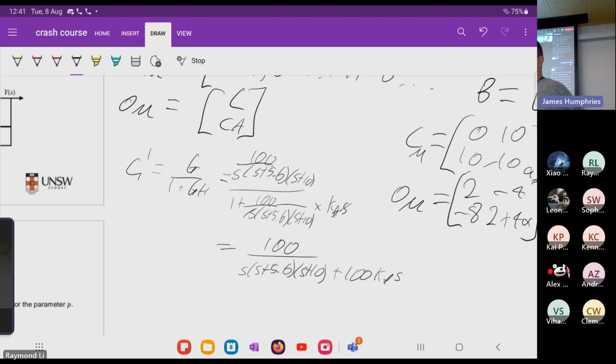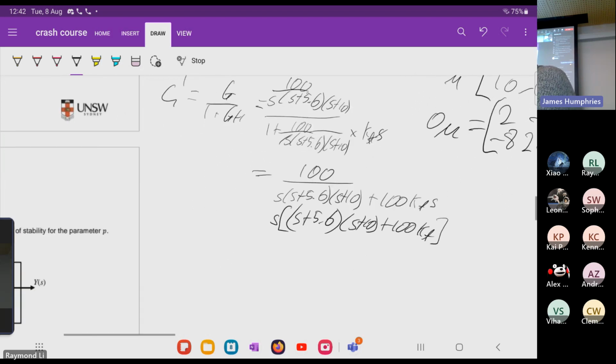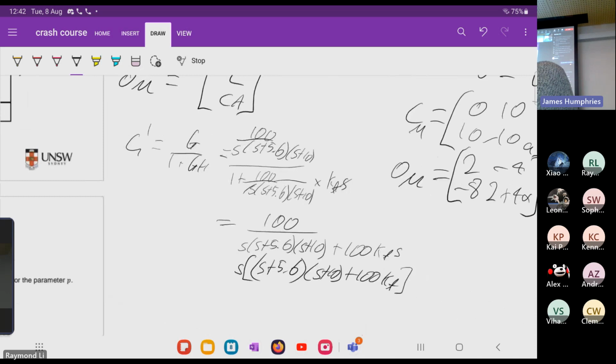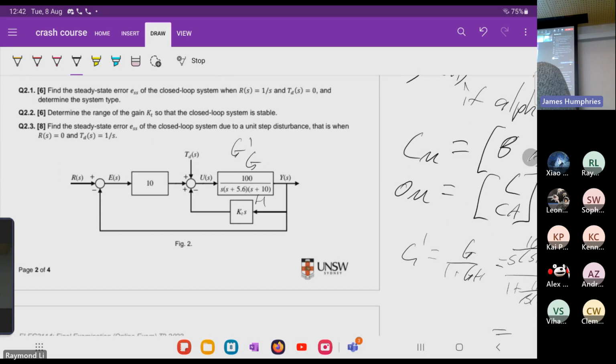That makes sense? It's nasty, I know, but there's not much we can do. And then you can collect this S out the front, which then becomes S plus 5.6, S plus 10, plus 100 KT. Rather than that top line. That makes sense? Cool. And now that we have this, our entire transfer function will be, well, we've basically replaced this one block, so now we have this. Right.